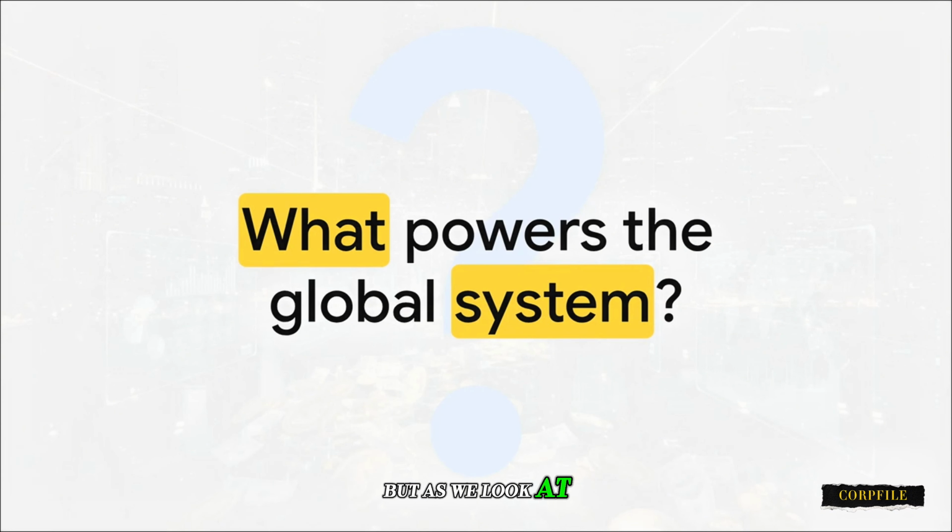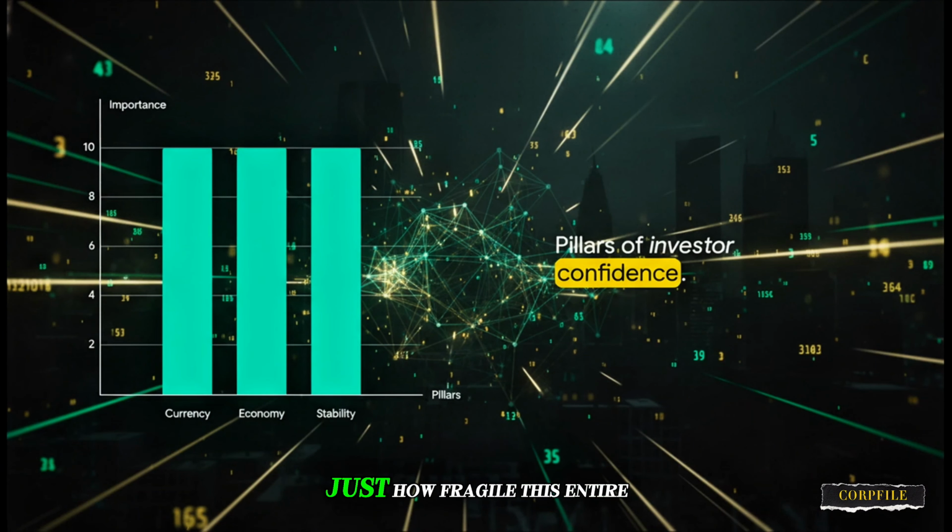But as we look at this massive, high-stakes architecture, it kind of begs a critical question. What truly powers this global system? What is the actual hidden engine that is keeping this unbelievably complex, high-speed web of global finance intact? Well, the answer reveals just how fragile this entire web actually is.